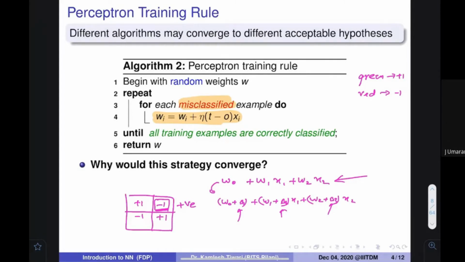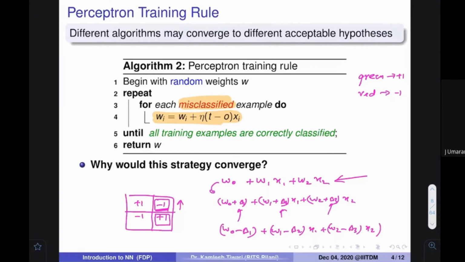So when I am giving -1 for a positive item, I should increase the weights. Now when I am giving positive, but the item is actually negative, I should say W0 minus something, W1 minus something, W2 minus something.